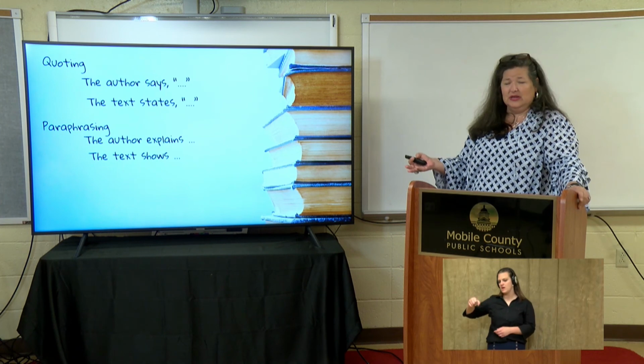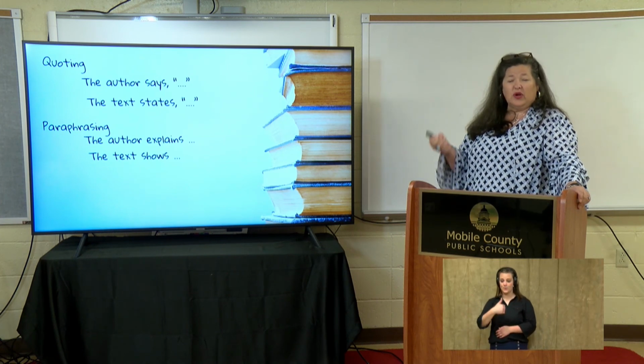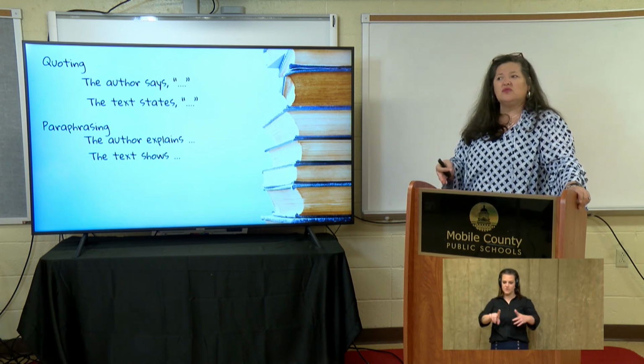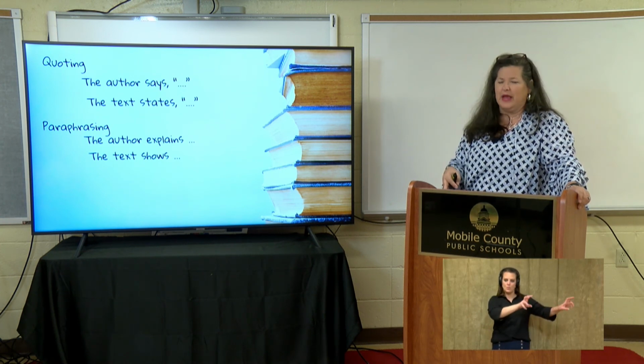I tell my children that when we first start doing this, to really just quote it. Give it to me verbatim what the passage said, because that's the easiest. Going back in the passage and seeing that she has on red pants is very easy, and writing that.